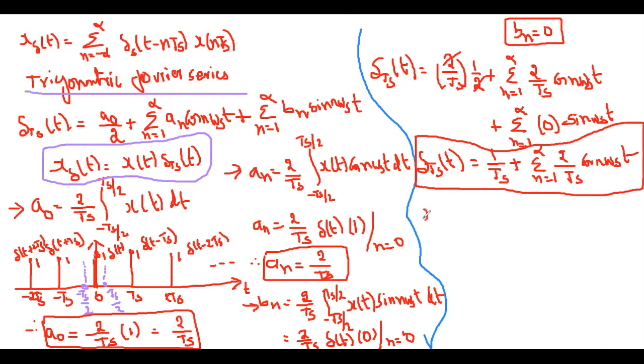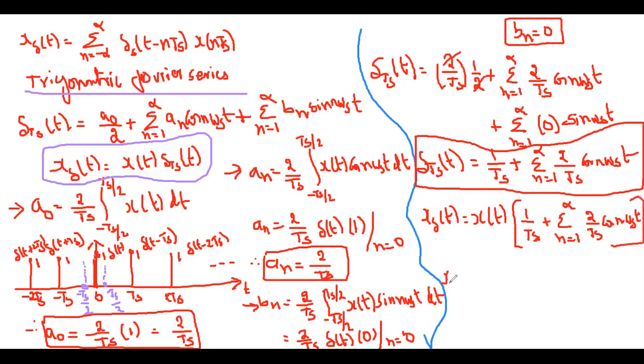Now x delta of t is equal to x of t multiplying with delta ts of t, as an impulse train here, in terms of the trigonometric Fourier series I am writing. Delta ts of t, we got 1 by ts plus sum of n is equal to 1 to infinity of 2 by ts cos n omega s t.